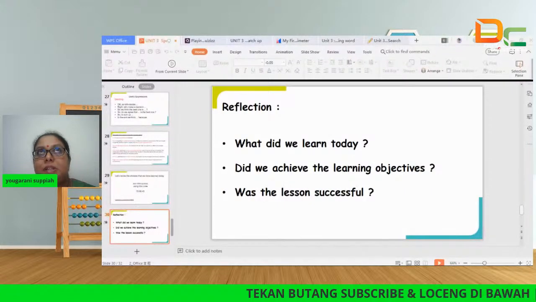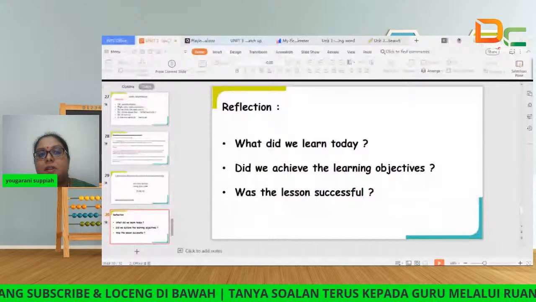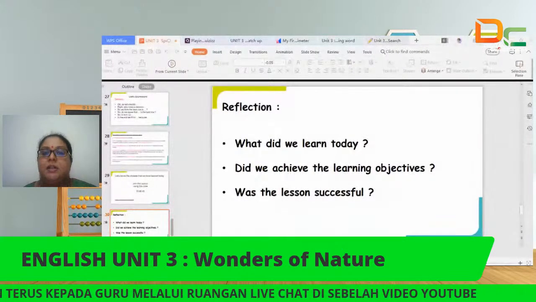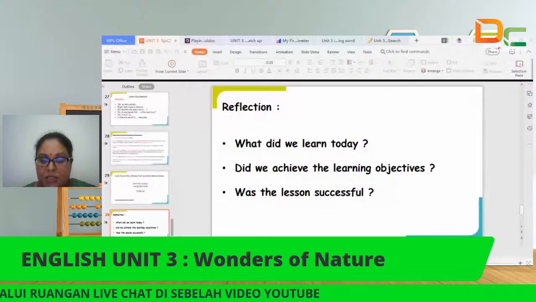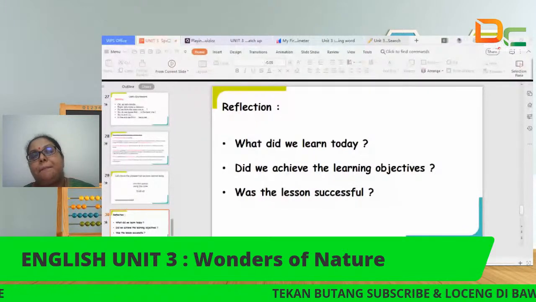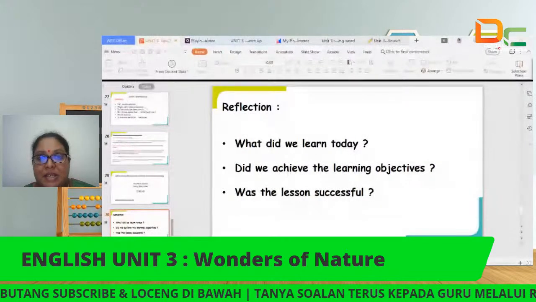So what did we learn today? We learned about the topic, the wonders of nature, speaking. We learned about ways to protect the environment.